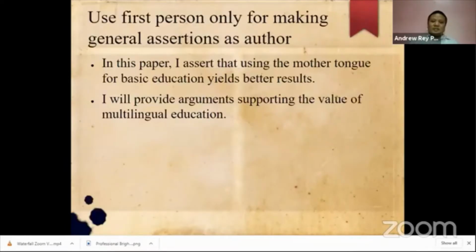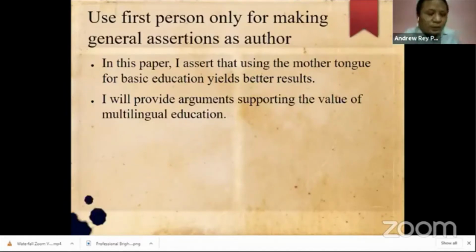Okay? The first person is used only for making general assertions as the author. Okay? When you are making assertions, when you are making arguments, that's the time that you use only the first person. For example, in this paper, I assert that using the mother tongue for basic education yields better results. I will provide arguments supporting the value of multilingual education. So you can use and you should use the first person for making general assertions as author.